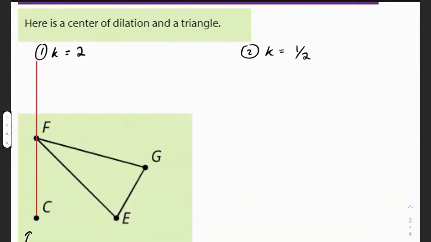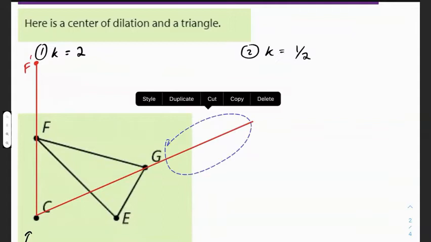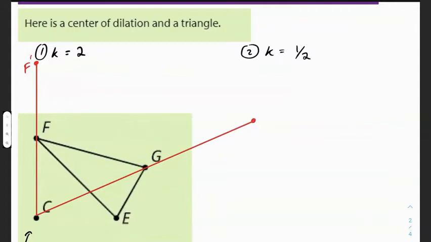So F is way out here now. Let's go ahead and get to G. So G prime is way further out.